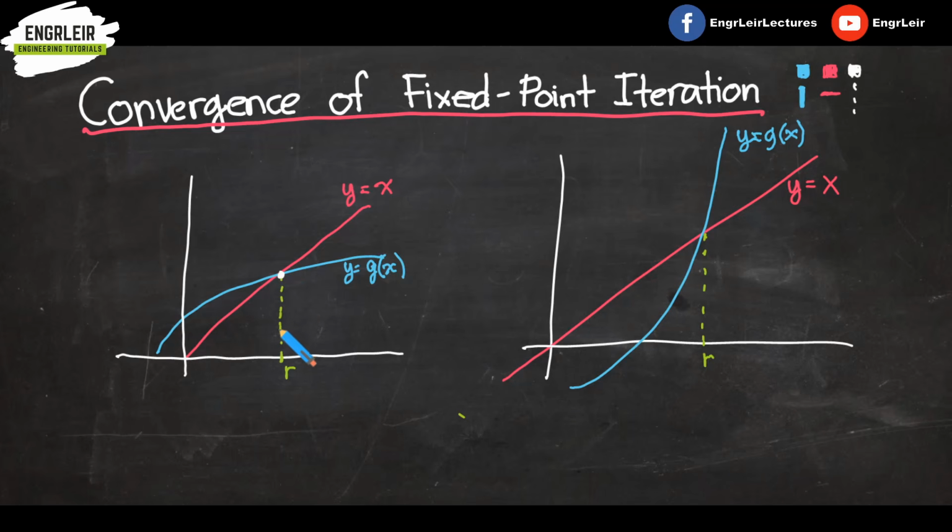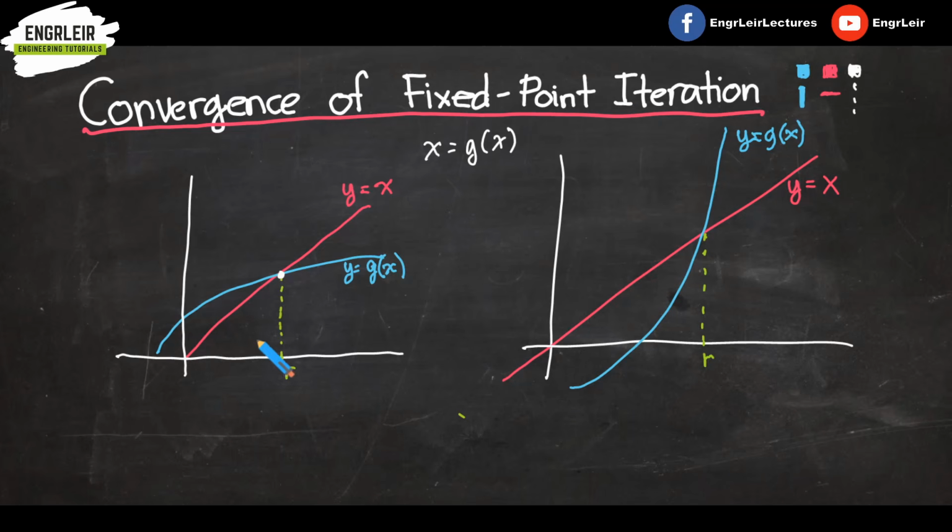At yung intersection na yan, yung x coordinate ng intersection na yan, that is actually the root of our equation para doon sa x equals g of x. For this case, so ganito kasi yung ginagawa nating method graphically doon sa fixed point iteration.